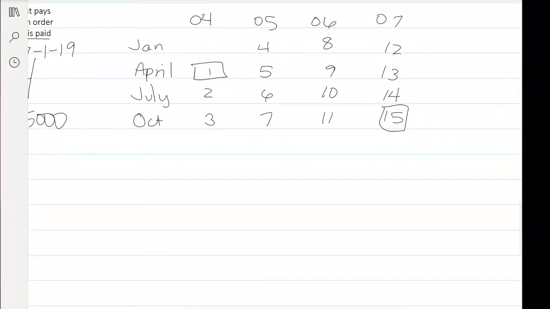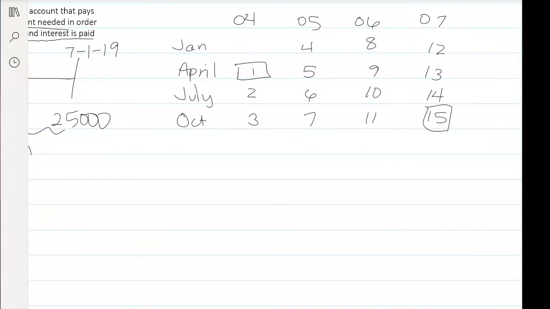So now we're counting M. So we have to go all the way to 2019. Instead of doing a table, because this one's going to be really big, it's over 10 years, I'm just going to write it out. So here we have 4 payments a year, starting 2008.